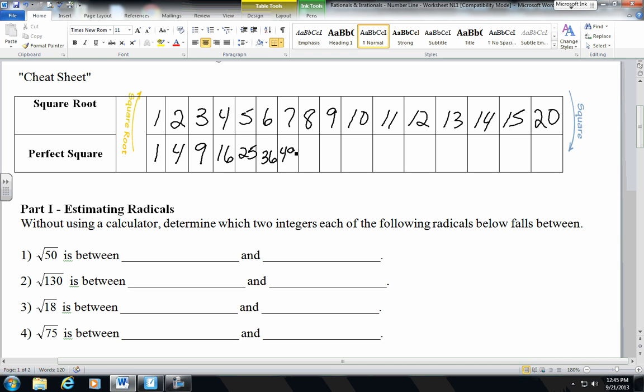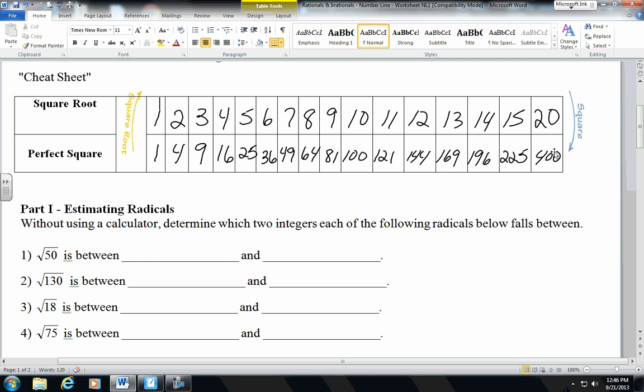So we'll go ahead and fill these in, multiplying each whole number by itself. Okay, and you can use that as a little cheat sheet there as we answer the questions down below.